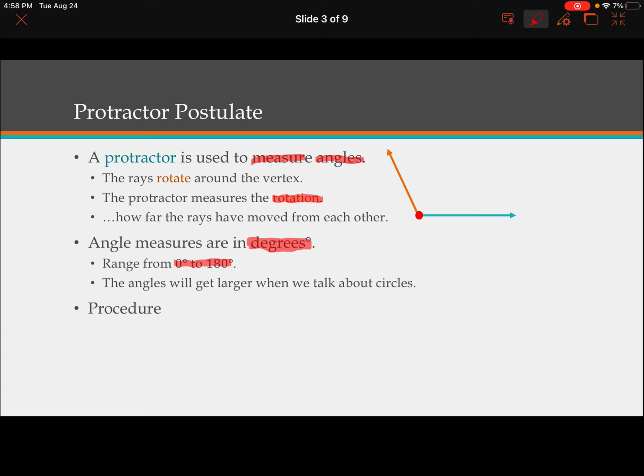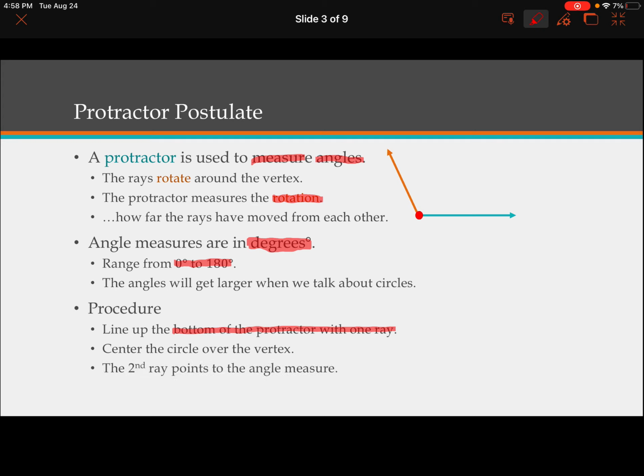When you are using a protractor, first line up the bottom of the protractor with one of the rays. Make sure that the center of the protractor is over the vertex. And then the second ray will be pointing to the angle measure.